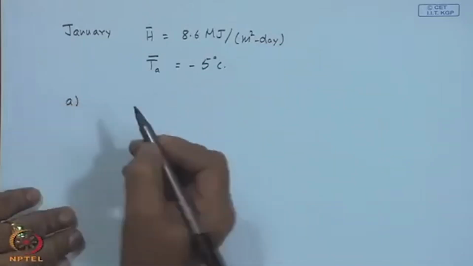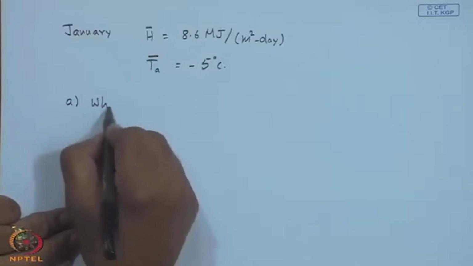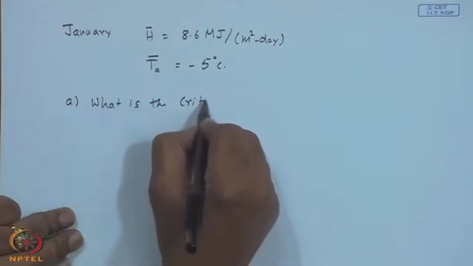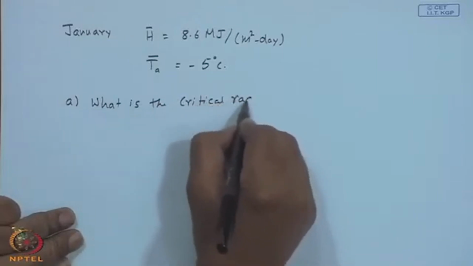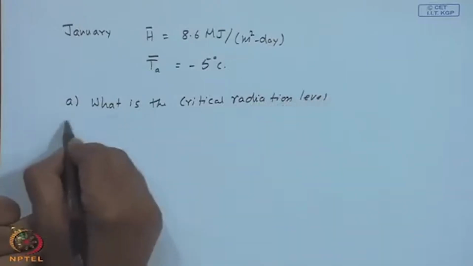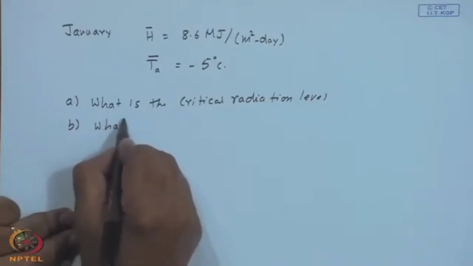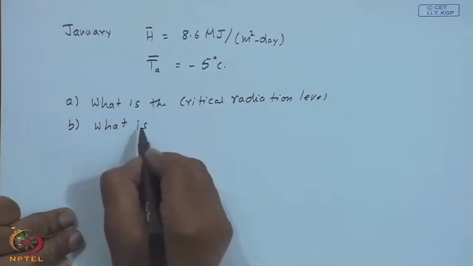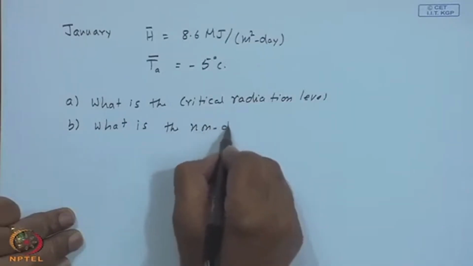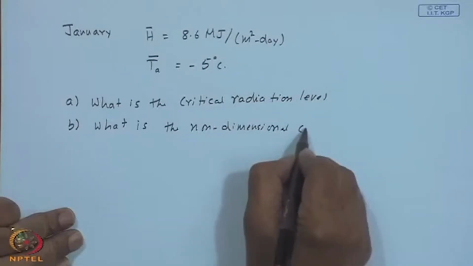So, first, since we know we are going to use the phi bar f chart method, my first question will be, what is the critical radiation level? I try to put it in the form that you proceed, so that the methodology is remembered. What is the non-dimensional critical radiation level?